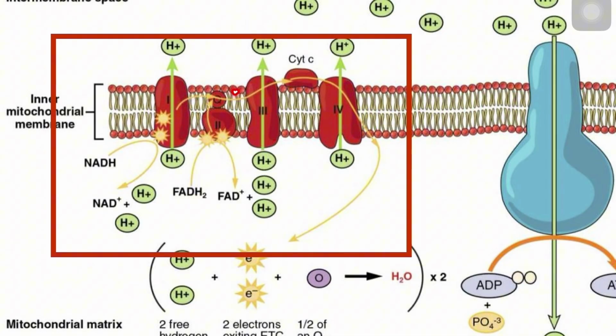So from coenzyme Q, the electrons are passed to complex 3, or the cytochrome BC1 complex. And then another carrier called cytochrome C moves them to complex 4, or the cytochrome C oxidase.